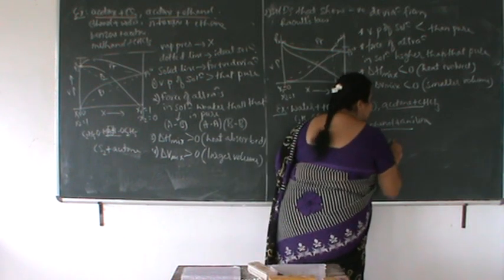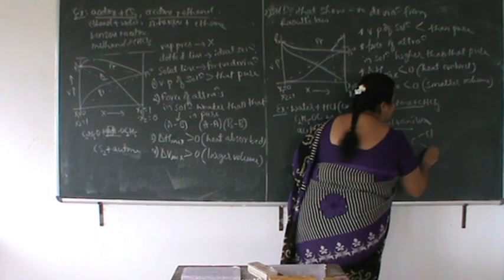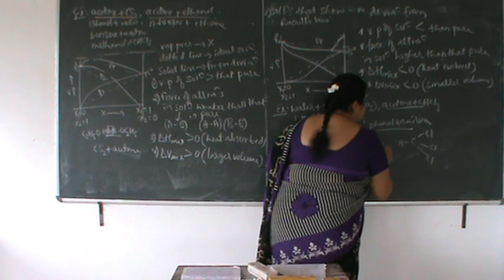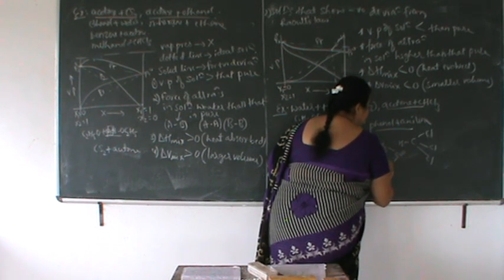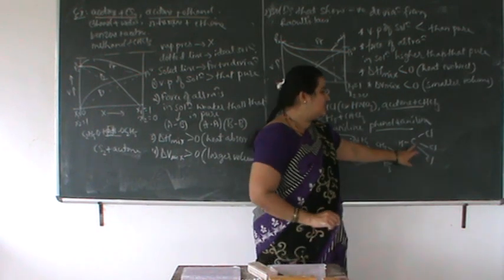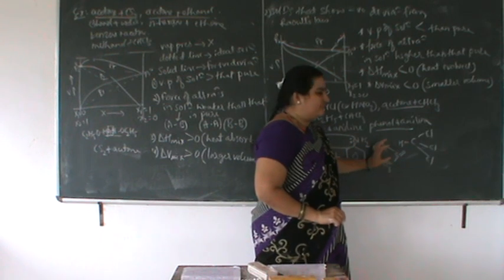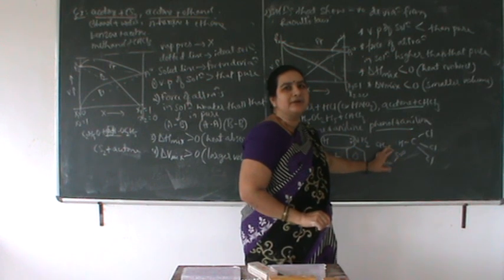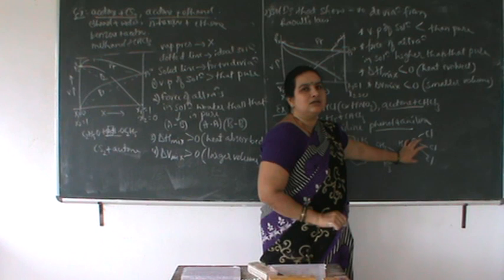And in acetone and CHCl3, this is the molecular structure of CHCl3 and this is the structure of CH3-C double bond O-CH3. So this is the molecule of acetone and this is the molecule of chloroform. When the individual molecules are present, there is no hydrogen bonding between the molecules of acetone or chloroform.